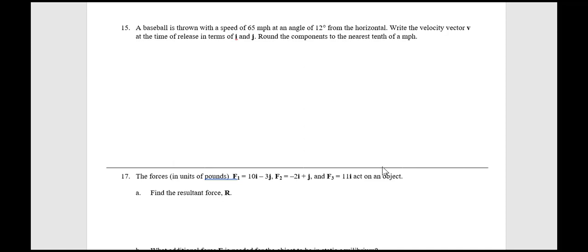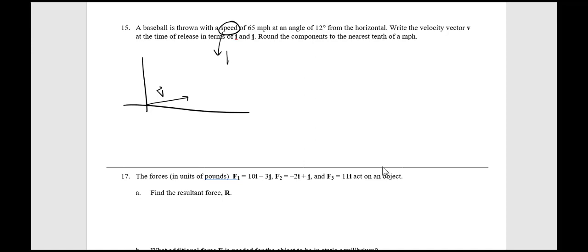So we know, let's think of this as our velocity vector when this ball is initially released. We know it's thrown at a speed, a scalar version of how fast something moves or how something changes position, at 65 miles per hour.